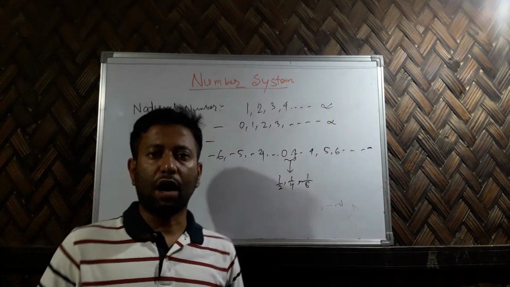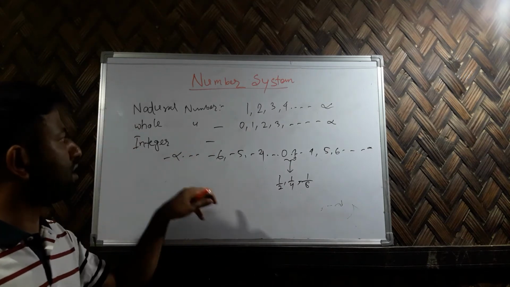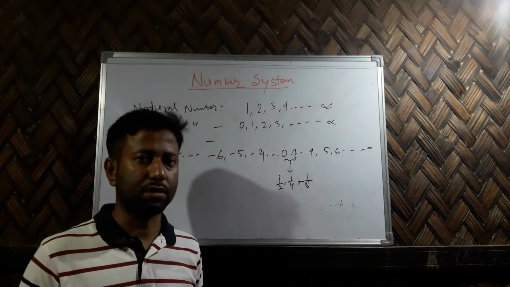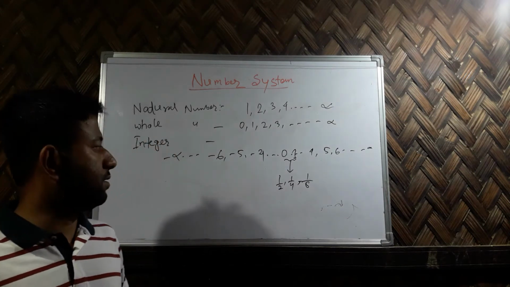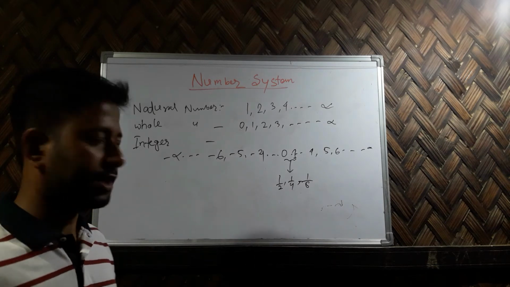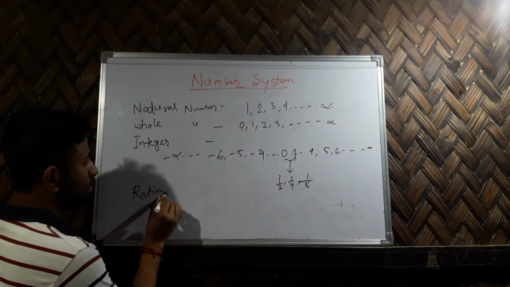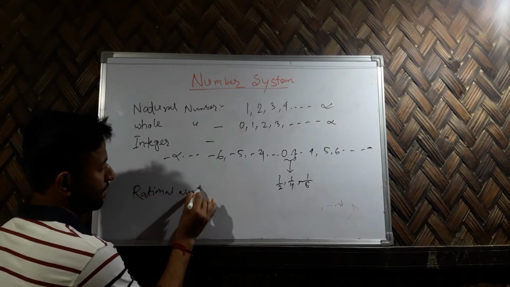So how can we define where to put all these numbers, in whole numbers, natural numbers, or integers? For that, there is another term, known as rational number.